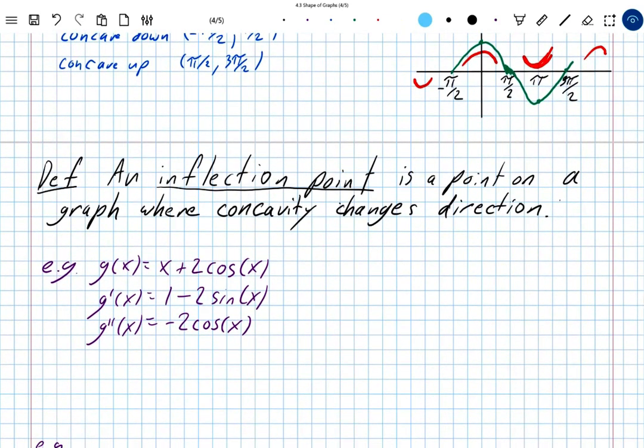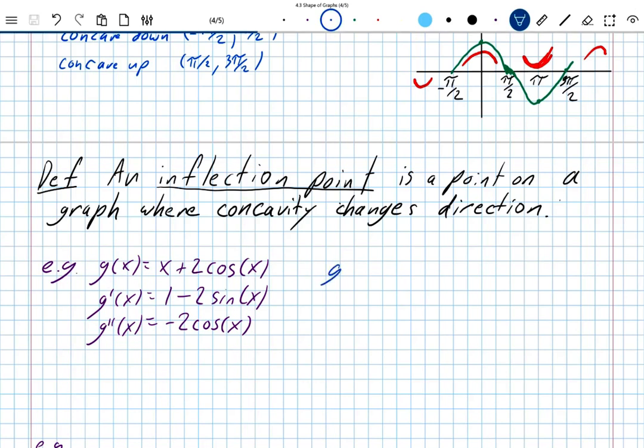So here is that last function with its second derivative. We want to know where it changes. Well, then I'm asking myself, where does the second derivative equal 0? And that's just where 2 cosine of x equals 0. That I hope you do know on this domain. In fact, you've already used it a couple of times.